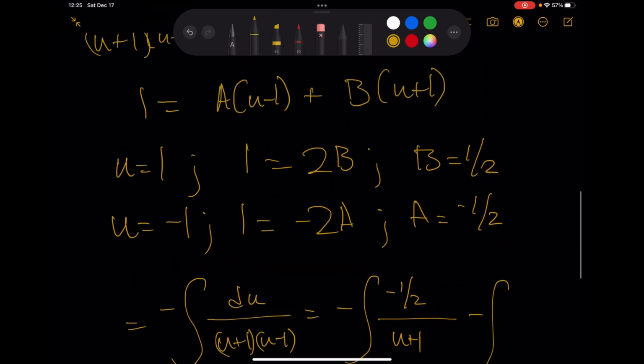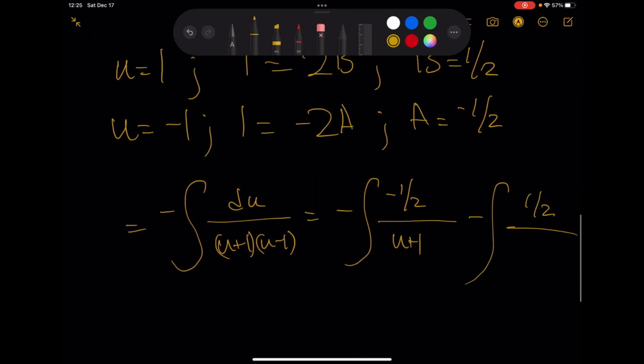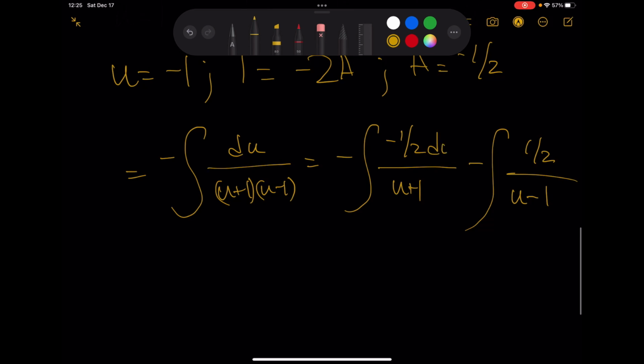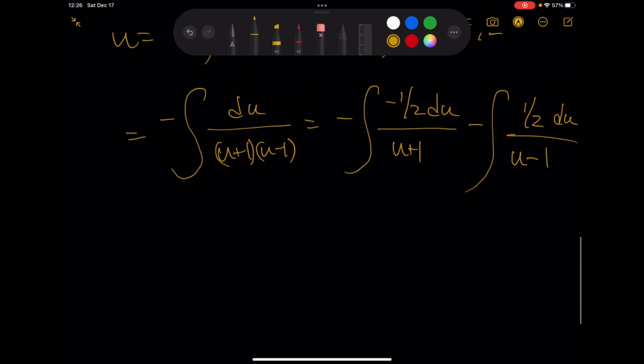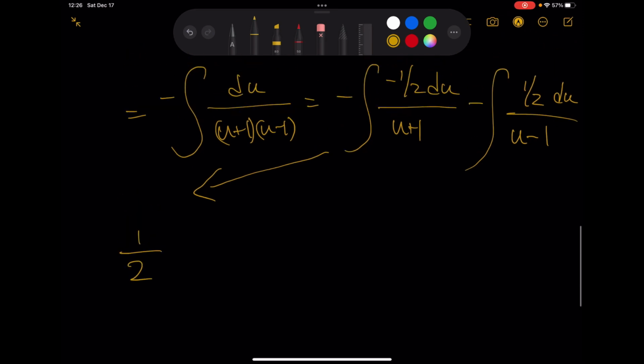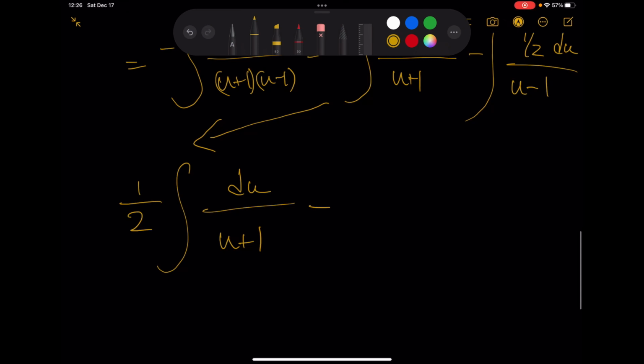Minus the integral of 1/2 over u minus 1. And everything is with respect to u, so let's not forget to do that part too. Now, we can simplify this first integral right here. We can simplify the negatives and take out the 1/2. So then this becomes 1/2 du over u plus 1 minus, and we can simplify this other one too.